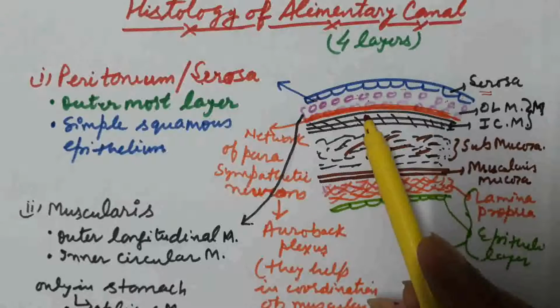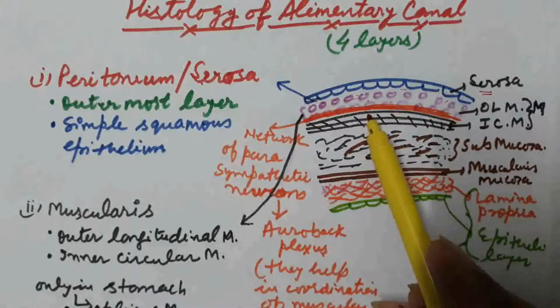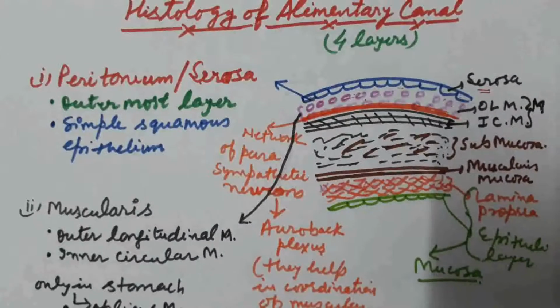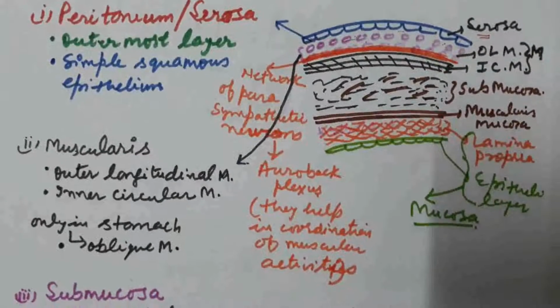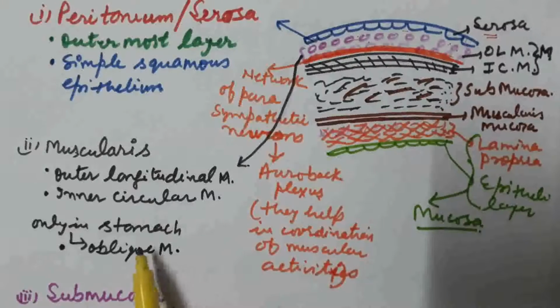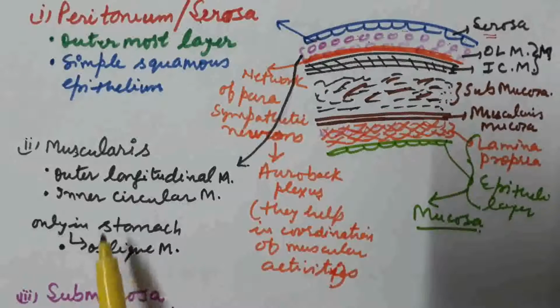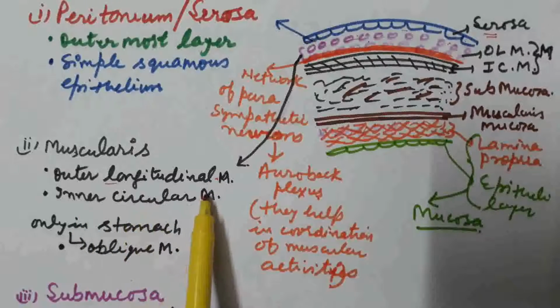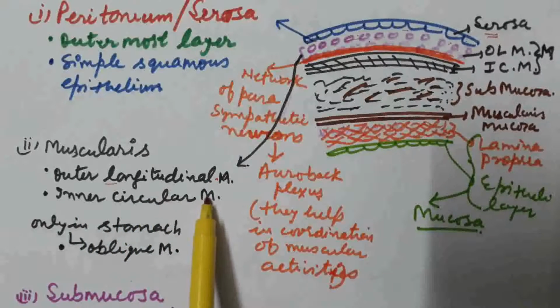What we observe in case of stomach only, there is a third layer present in the muscularis, and we call it the oblique muscle. In case of stomach only, there are 3 layers that constitute the muscularis: outer longitudinal muscle and inner circular muscle.